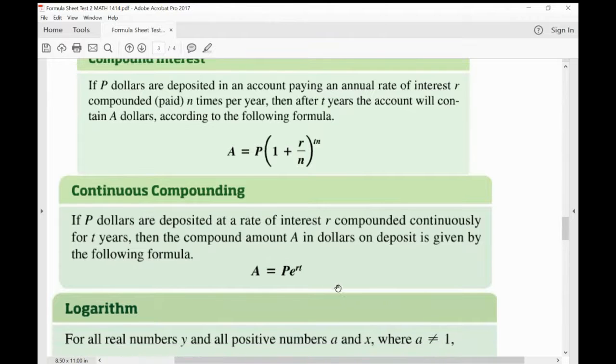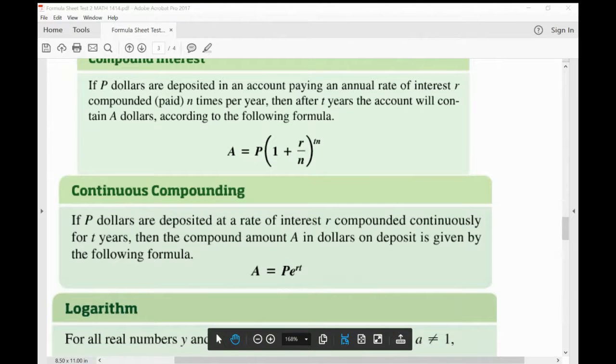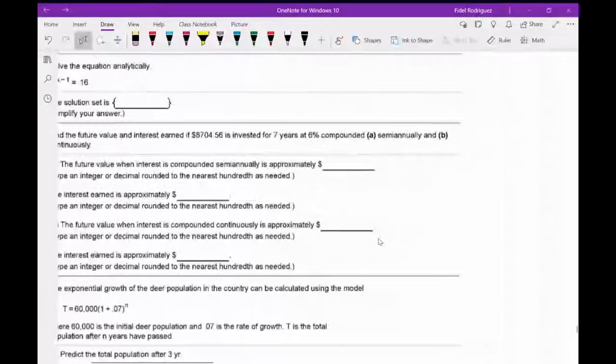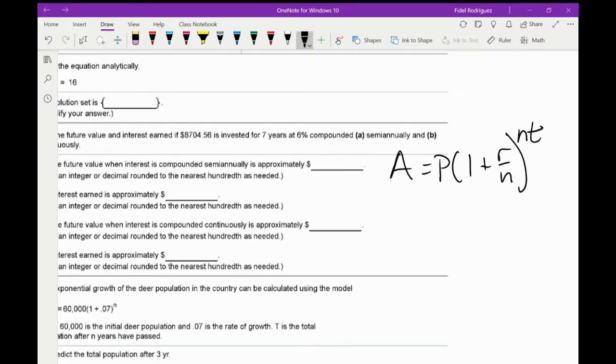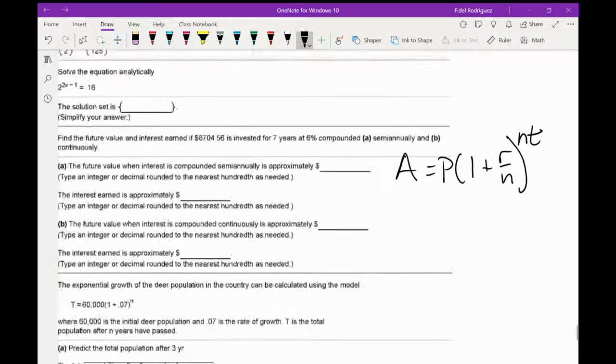For 27, the first thing I'm going to do is write down the formula here. I told y'all I was going to use the first formula, which is this one right here, okay?